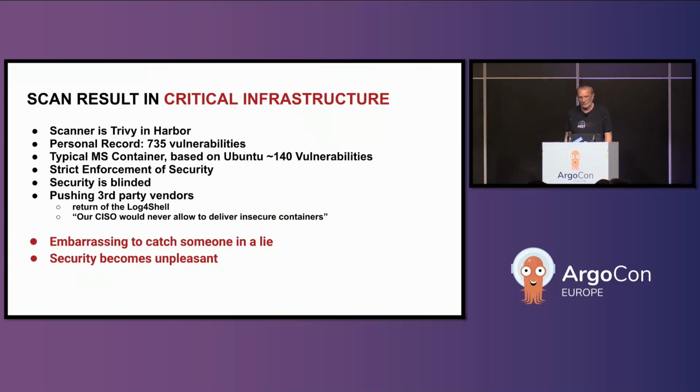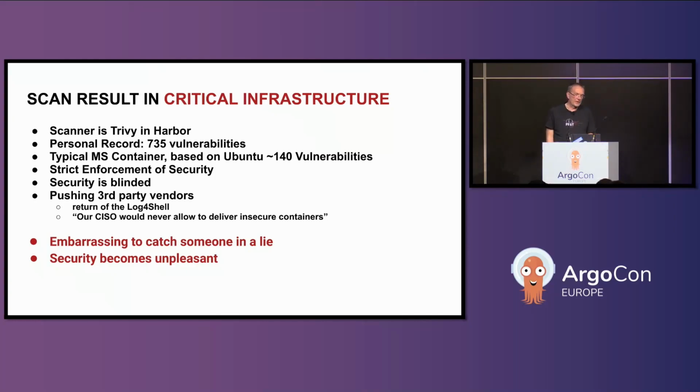What are the results? So the things from the trenches. My personal record was an image with 735 vulnerabilities in critical infrastructure. 20% of them critical or high. The typical Microsoft containers based on Ubuntu, if they come out of the box, have 140 vulnerabilities.